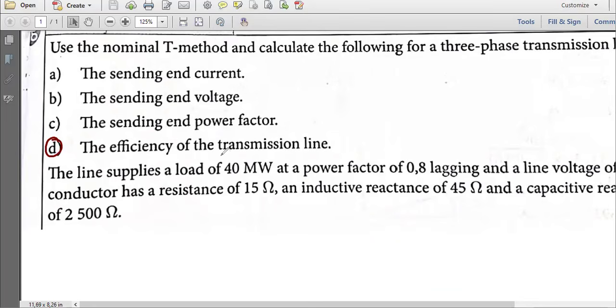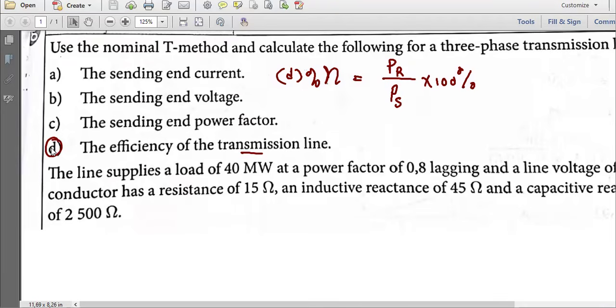Then the efficiency of the transmission line. We know this one is direct as a percentage. Efficiency is taken from the output, which is our receiving end, over the input, which is the sending end, times 100%.